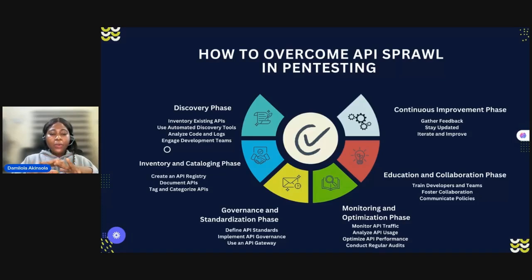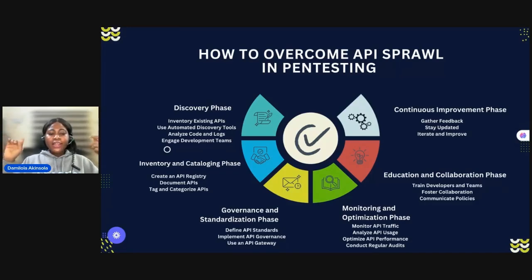So what you want to do is to take the existing APIs you have and run these automated discovery tools. They're collecting network traffic, they're seeing the API endpoints. You're cross-referencing them. So the APIs I have here, what is missing? You see one that you don't have in your documentation, you add it to it. It's that simple, right? So what you're doing is just trying to get as much visibility into the APIs that you have.